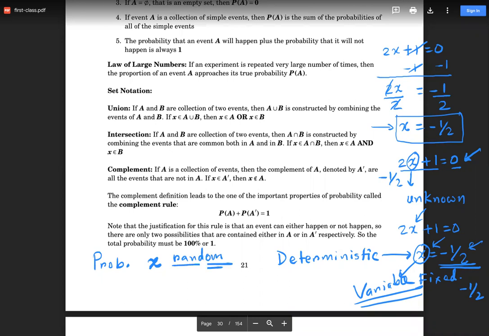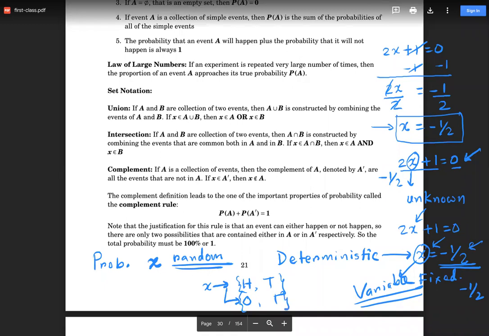Because if X is a variable, that's going to determine whether it's going to be a head or a tail. Let's say head is 0, tail is 1. So in essence, you are saying X is going to be either 0 or 1, right?